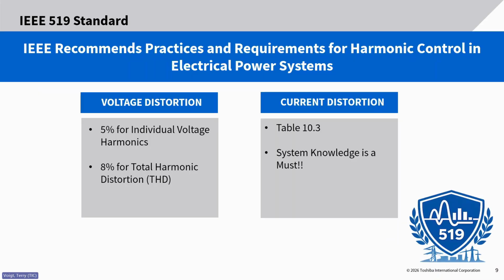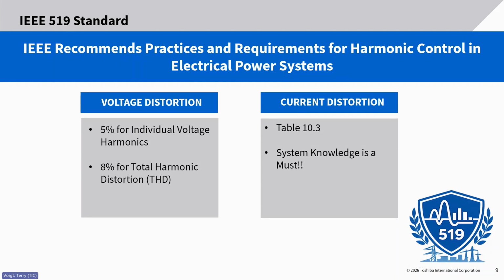A few things we want to keep in mind is there are two types of distortion. Power consists of both voltage and current. For voltage distortion, the specific limits are 5% for individual voltage harmonics, and 8% for the THD, or total harmonic distortion.